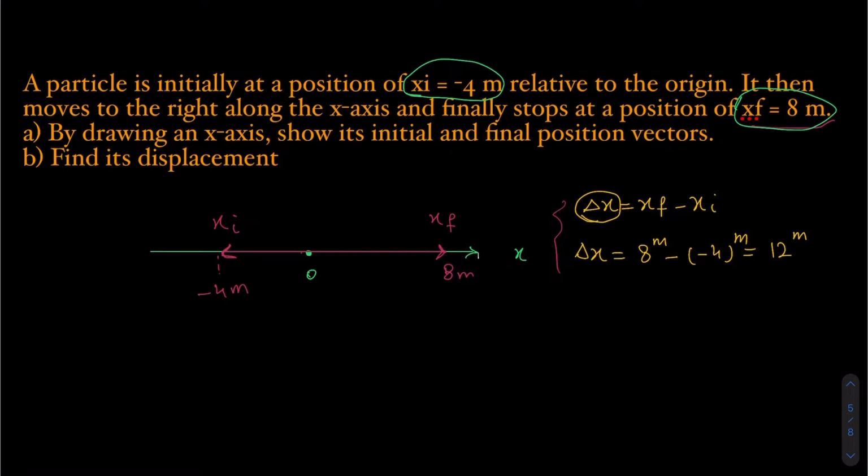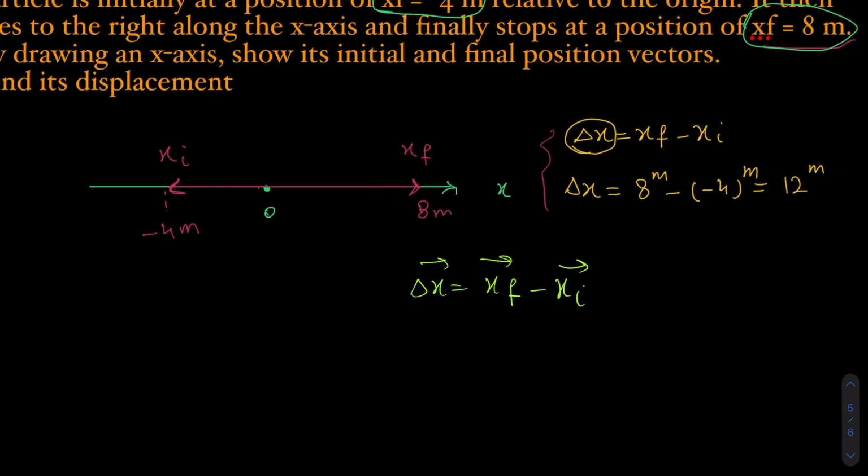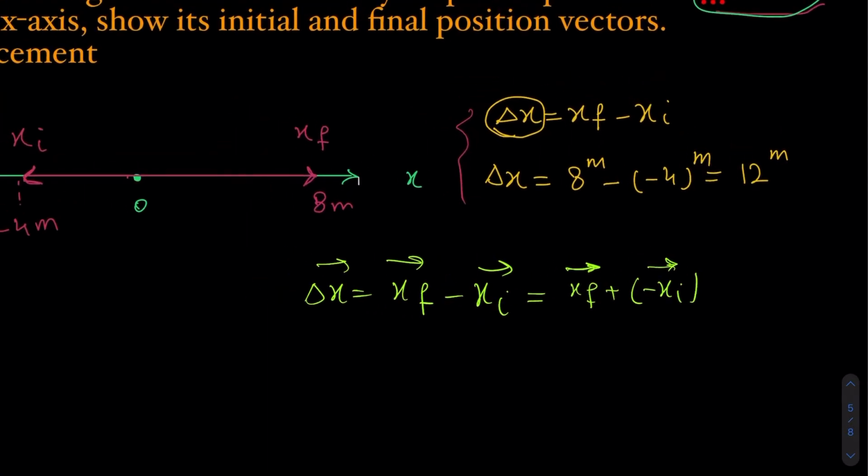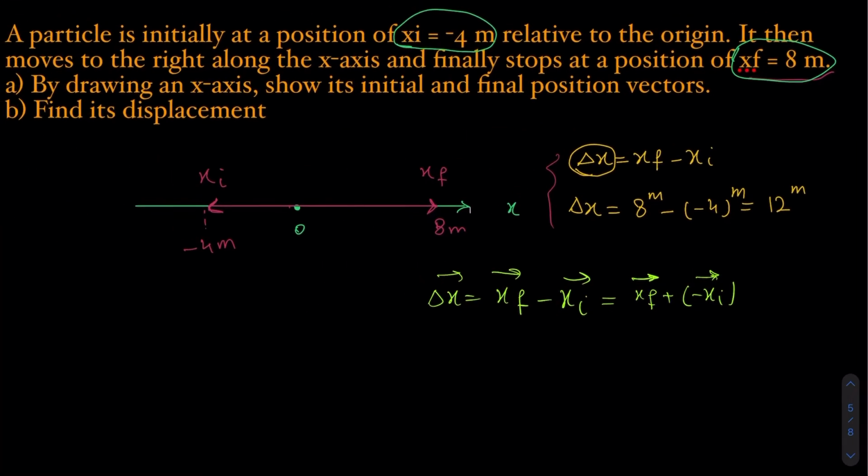Delta x is equal to x final minus the initial position, all of which are vectors. And then I can write this equation as x final plus minus x initial, because graphically in vectors we always add up vectors, we do not subtract. So we just need to change this equation in this way.